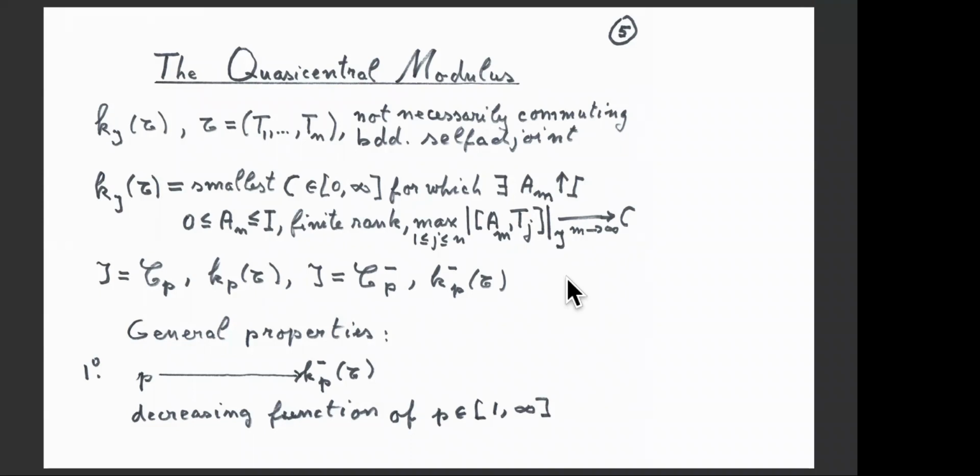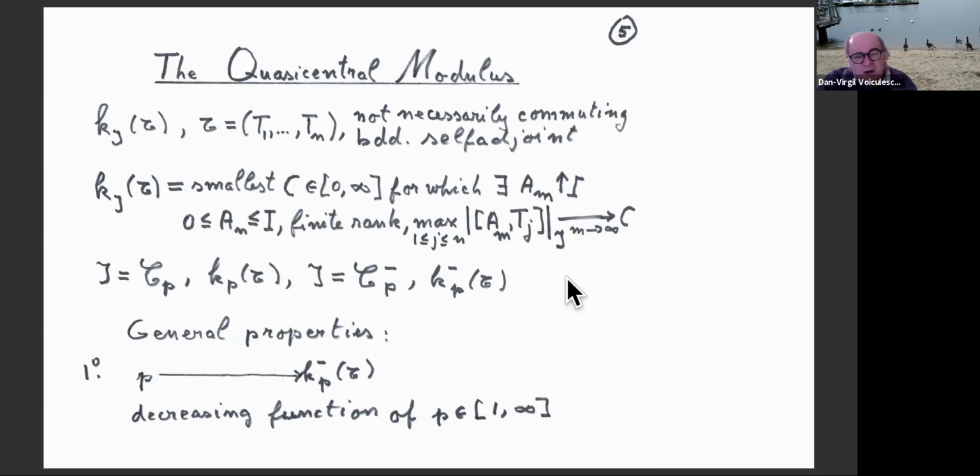As a definition, it is the smallest number between 0 and infinity for which there exists an increasing sequence of finite rank positive contractions A_M, so they are positive operators between 0 and 1, and they increase to 1, such that if I take the maximum of the I norms of the commutators of A_M with the T_j's, then as M increases, this has as a limit C.